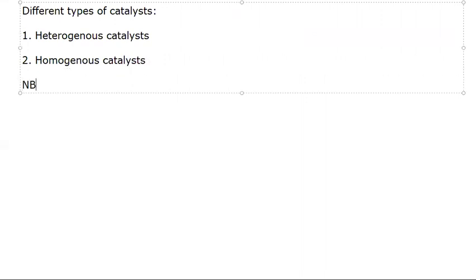Now note, all catalysts are specific to a reaction. So you can't just go, oh, platinum is a catalyst, so it's a catalyst for everything. You can't just go, oh, chlorophyll is a catalyst, so it's a catalyst for everything. It depends on the reaction. Some catalysts do work for multiple reactions, but it does need to be specific to that reaction.